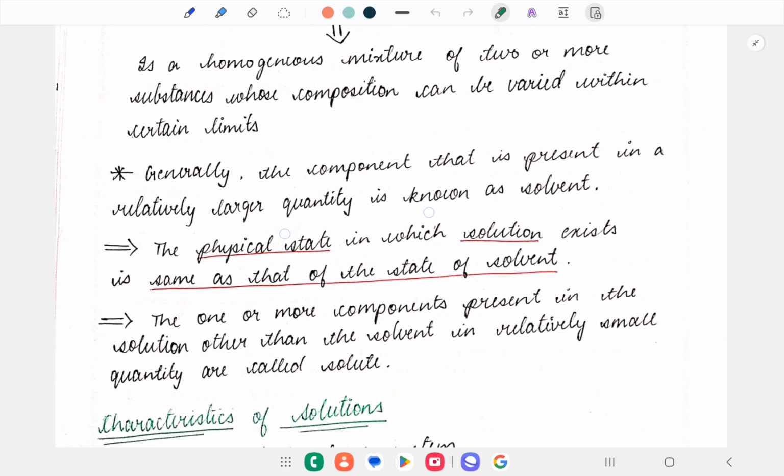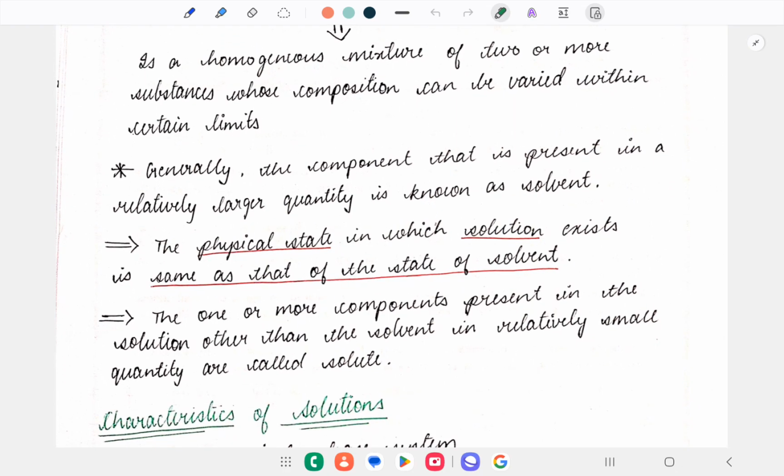In a mixture, the component which is present in relatively larger quantity is generally referred to as the solvent. But the original definition is that the physical state in which the solution exists is the same as that of the solvent. So, in whichever physical state our solution is, the component which is in the same physical state will become the solvent.